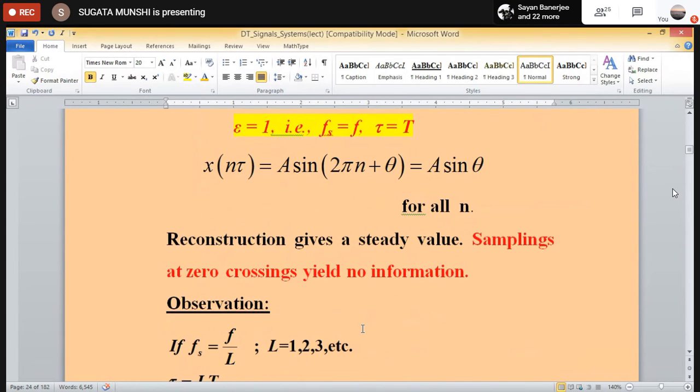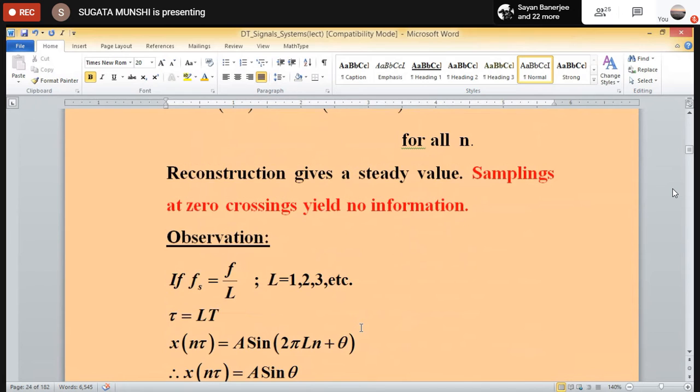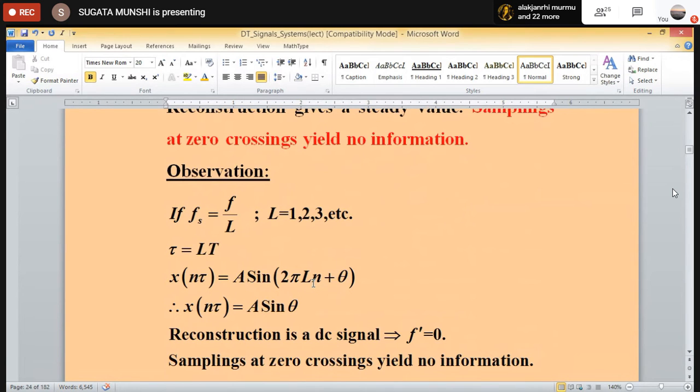In general, Fs is equal to small f by L, where capital L can take on values of positive integers. F by L means if L is 1, Fs is f. If L is 2, Fs is f by 2. If L is 3, Fs is f by 3, and so on.